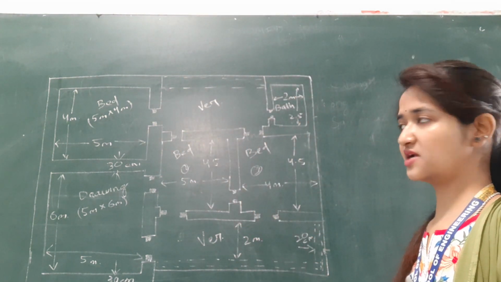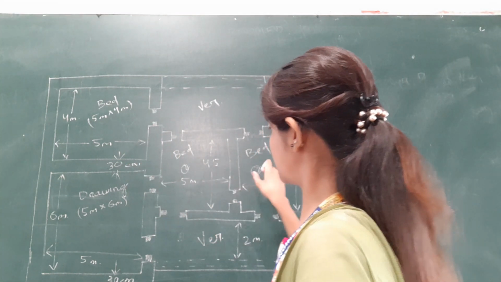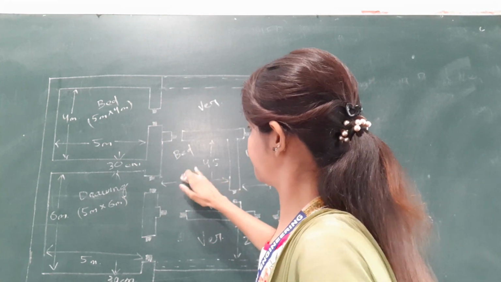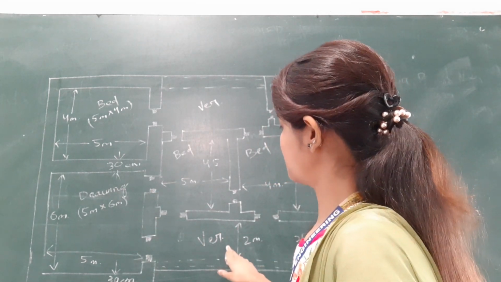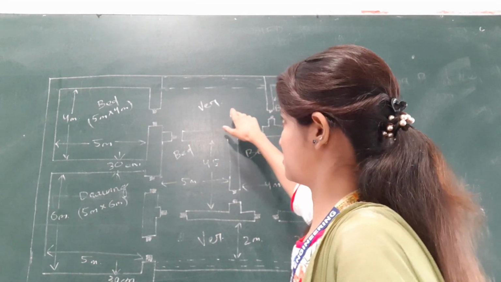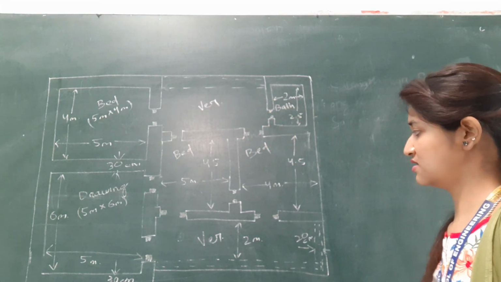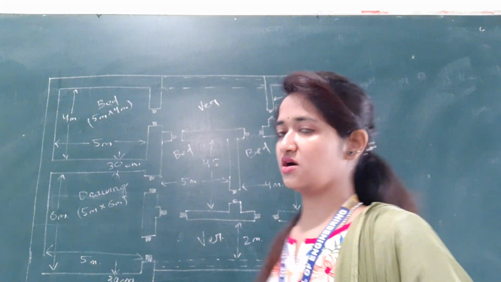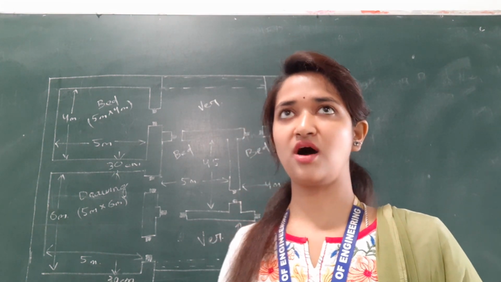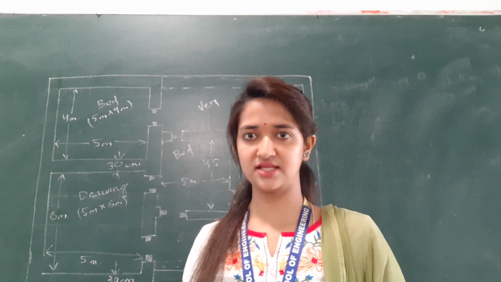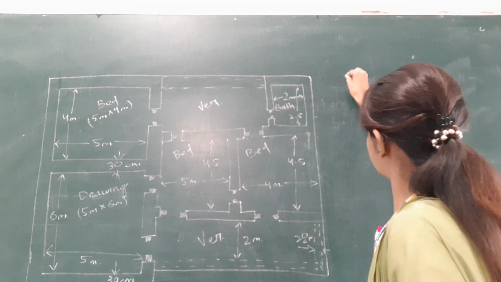This is a building drawing, and there are 3 bedrooms, one drawing room, one front veranda, a back veranda, and a bathroom. To calculate this, we have to know how to calculate center to center length. So I can give a small example.